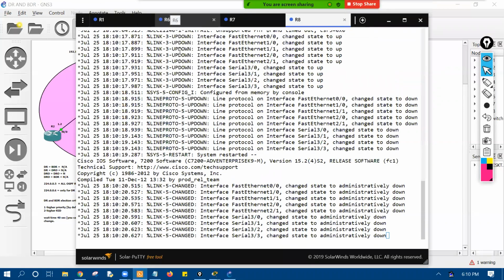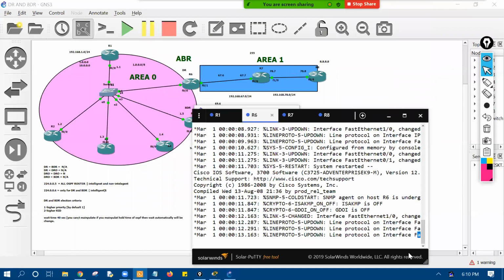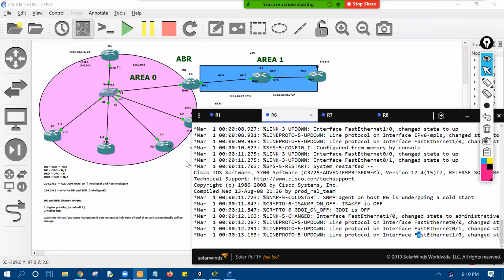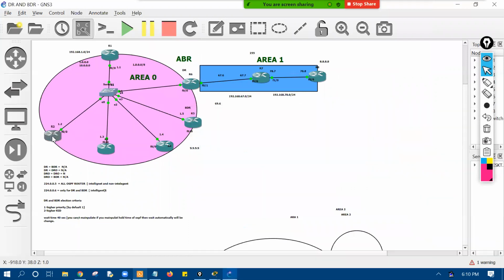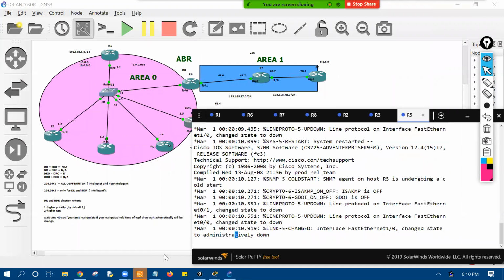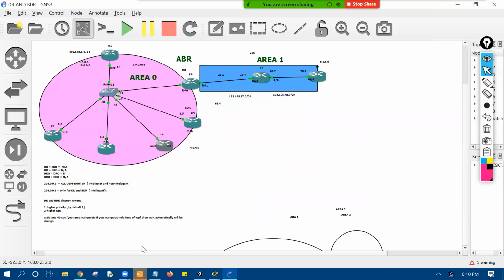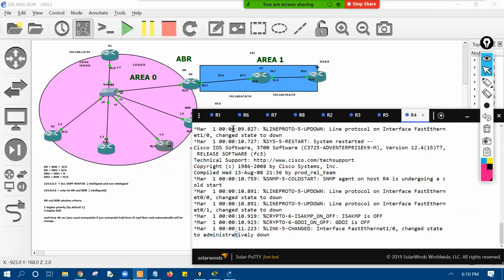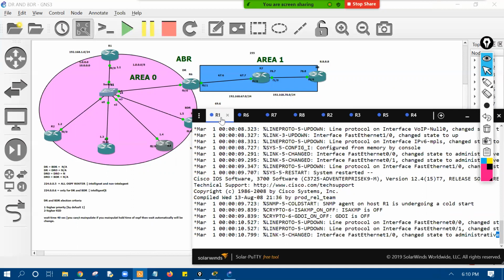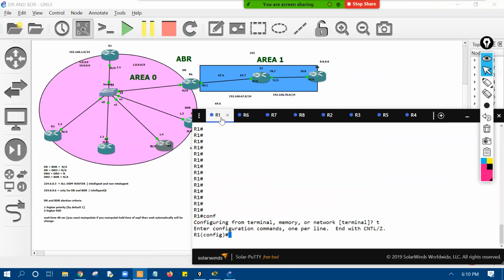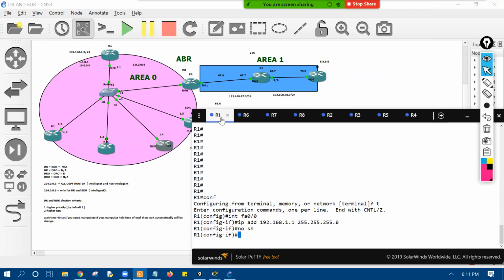So we have R8, R1, R6. R2 is not there, R3 is not there, R4 is missing, R5 is not there. Okay, good. Let me start the IP addressing. Config terminal, interface 0/0, IP address will be done.